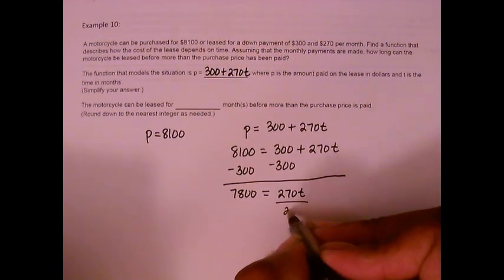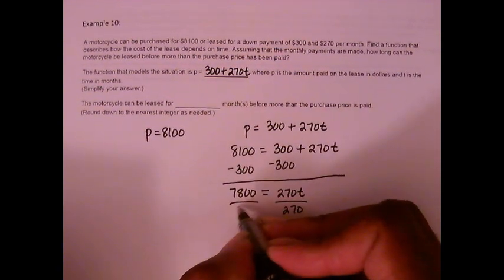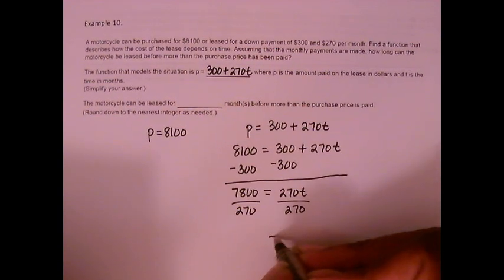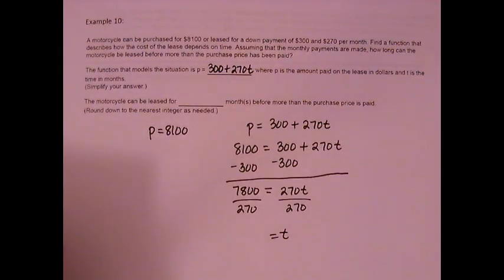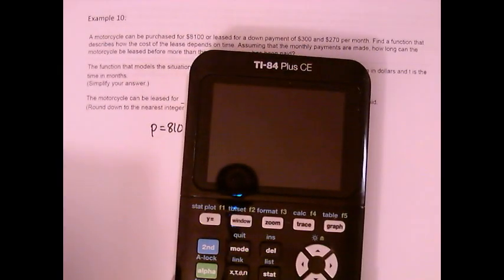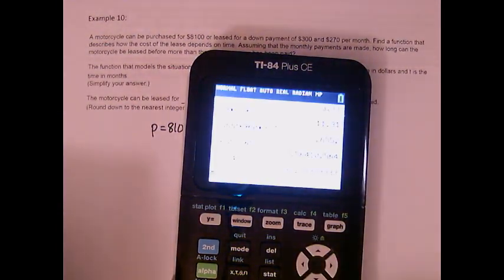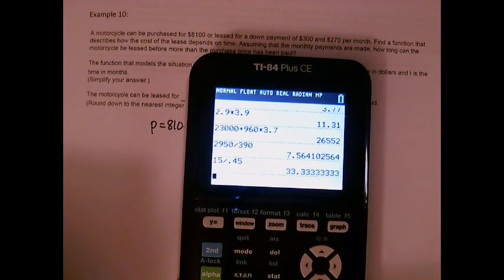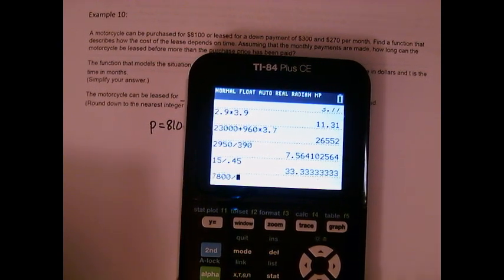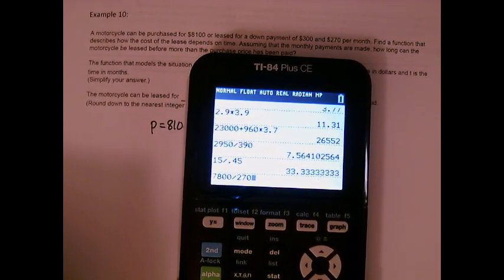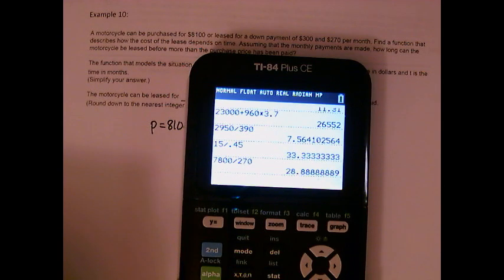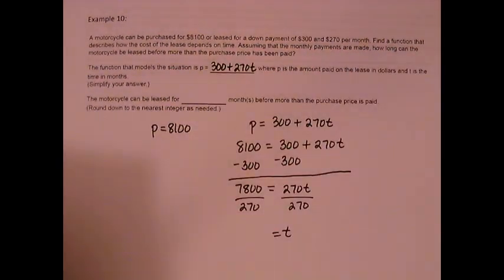To solve for T, we divide by 270 on both sides. I think they want this rounded down to the nearest whole number. So 7,800 divided by 270 says 28.888 repeating, but we're going to round down to 28.